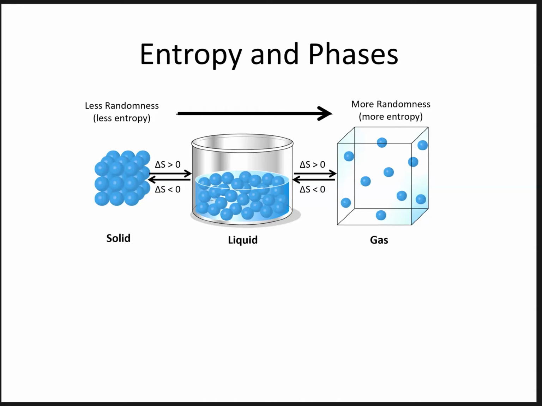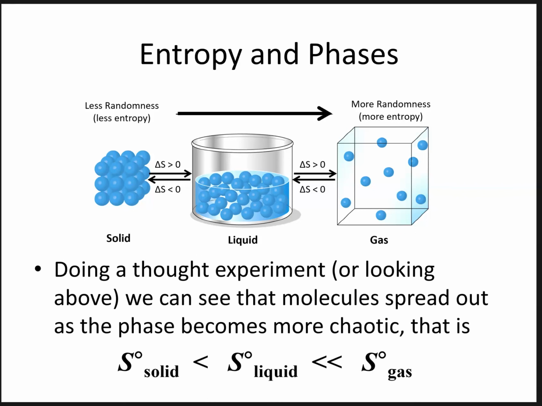In the liquid state, we have some mobility, and therefore we have increased the entropy of the water. Likewise, when we boil the water and release water vapor, the water molecules have a much greater entropy than they did before in both the liquid or solid phase. And so the gas phase has a much higher entropy compared to the liquid or the solid.